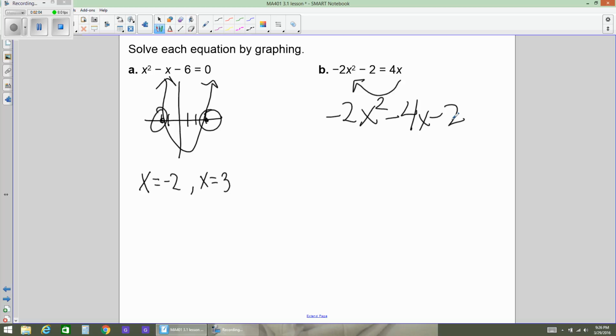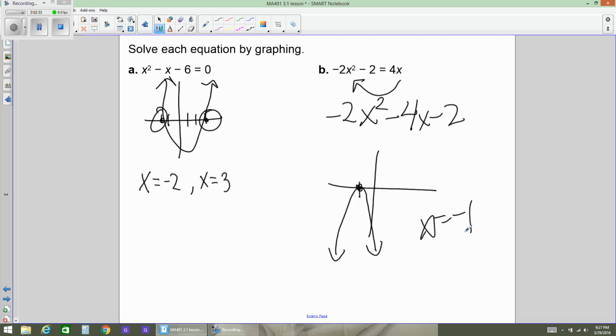So we have -2x squared minus 4x minus 2. Press graph, and what you see is a graph like this. That means our solution is x equals -1.